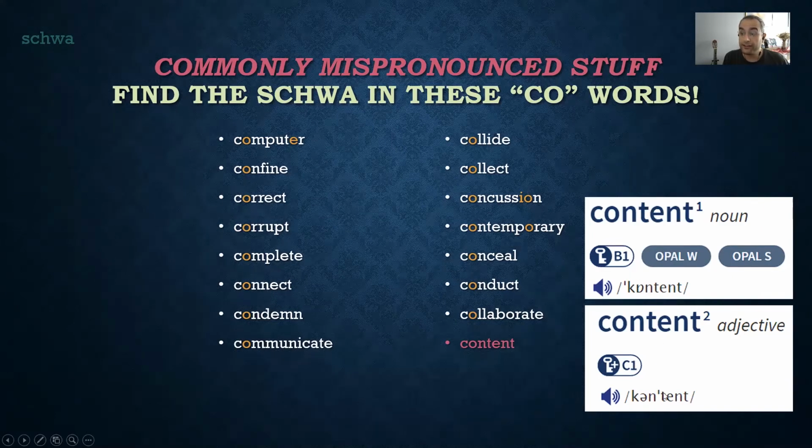But here, the stress moves to the second syllable. So the first syllable has that schwa, "content," all right? You will never see a stress marker and a schwa together. Impossible, all right? It's always unstressed.